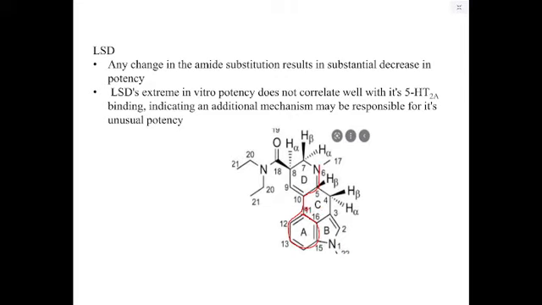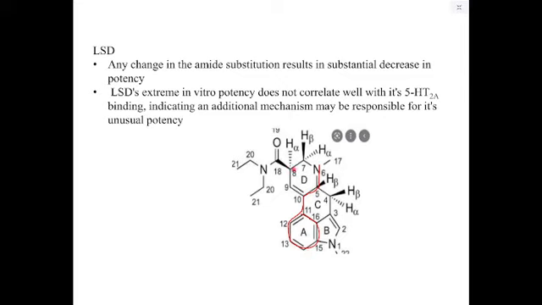Of course, with the added substituents, the numbering starts from this nitrogen here: 1, 2, 3, 4, 5, 6, 7, 8, and 9, and going round.